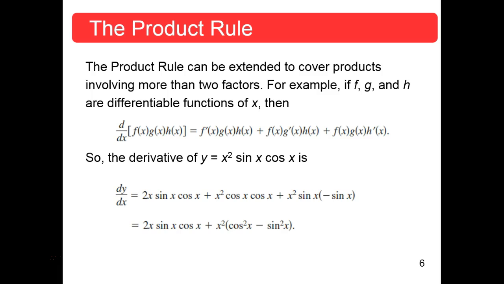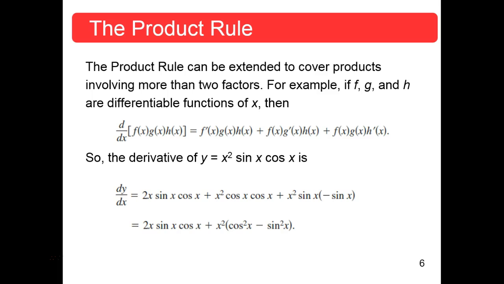Derivative of the first, which would be 2x times sine x cosine x. What's next? Plus x squared, there's your f of x. What's the derivative of sine x? Cosine x times cosine x. So that's cosine squared x, right? All right.